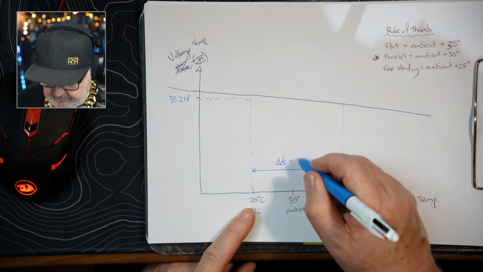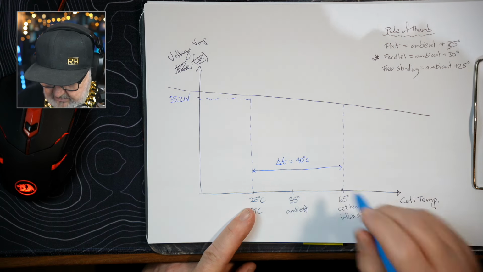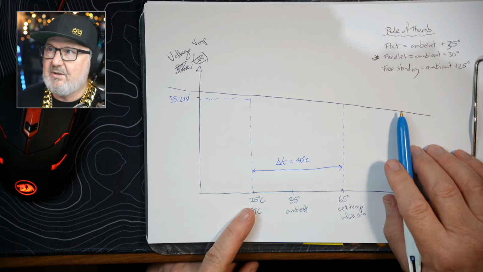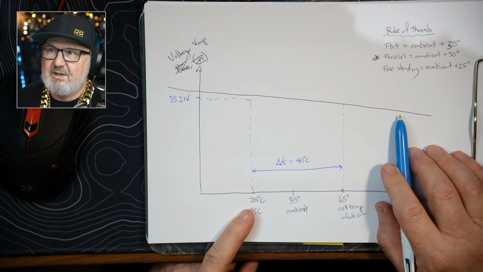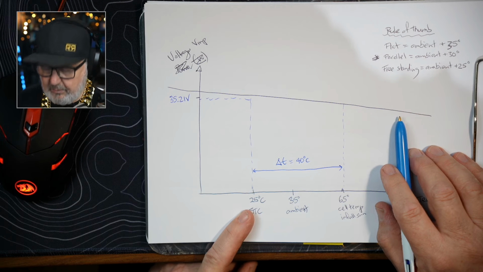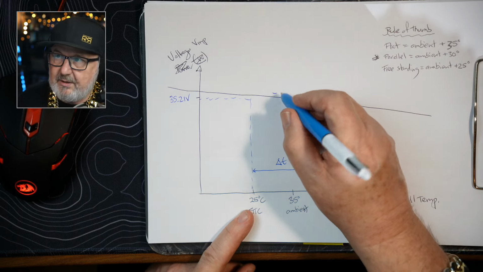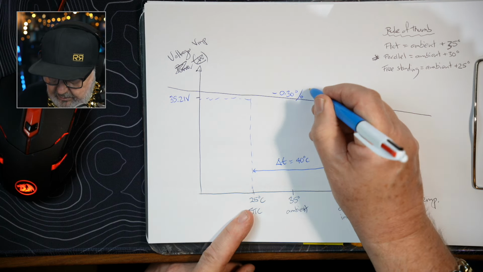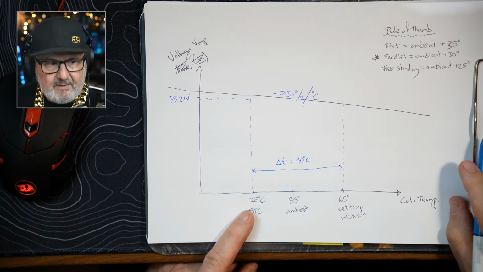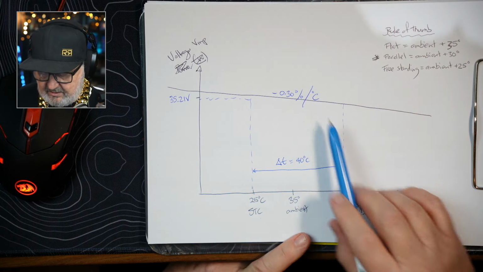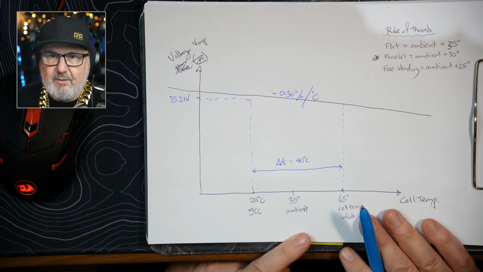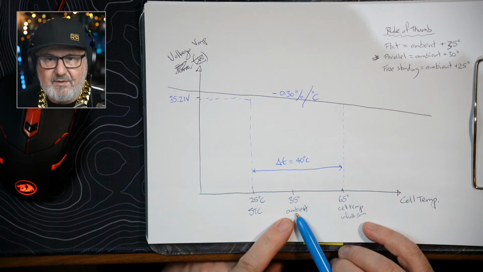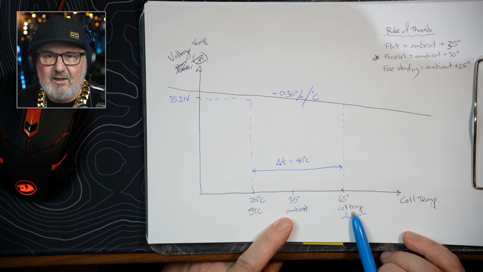So equals 40 degrees C delta T. Now, we need to know what the slope is, and that's where we go back to our data sheet where it gives us the temperature coefficient for Pmax for power, and it's listed for these Jinko panels as minus 0.30% per degree Celsius. And that number times that number will give us the amount of voltage change on a hot day, a 35 degree ambient day with the panels inclined on a roof.